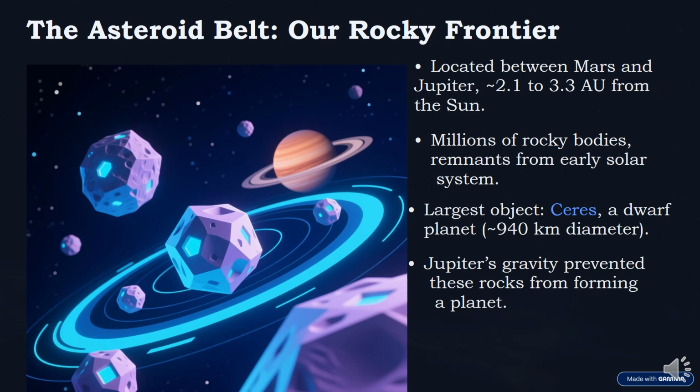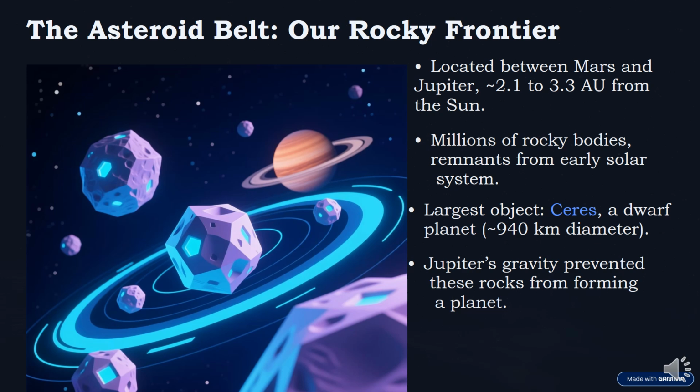Let us continue with the common features of outer planets. Before I continue with the common features of outer planets, let us take a look at the asteroid belt. The asteroid belt is located between Mars and Jupiter, 2.1 up to 3.3 astronomical units from the Sun.